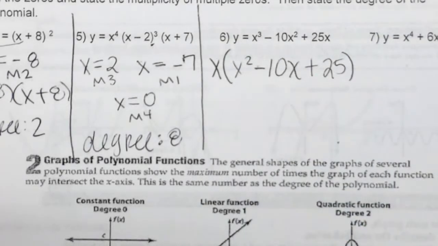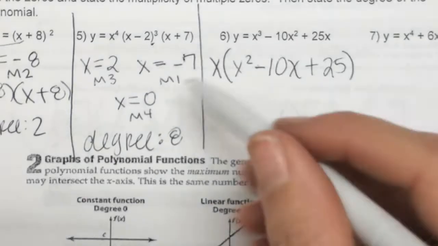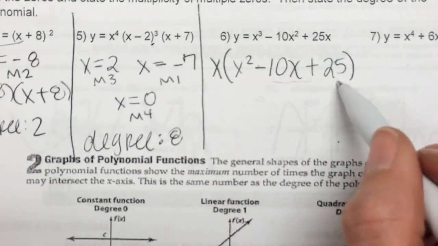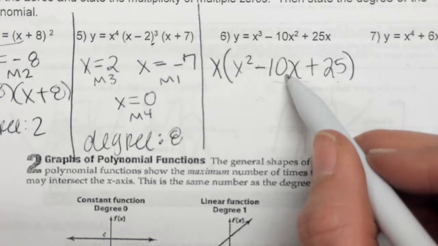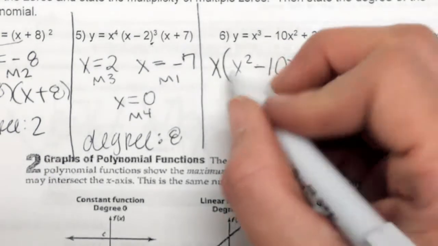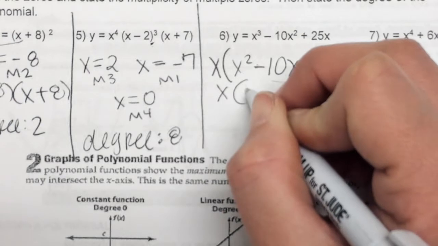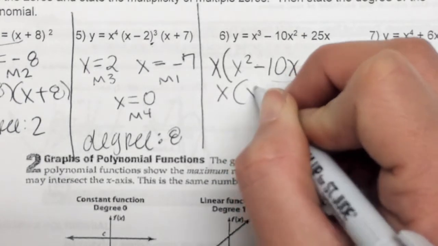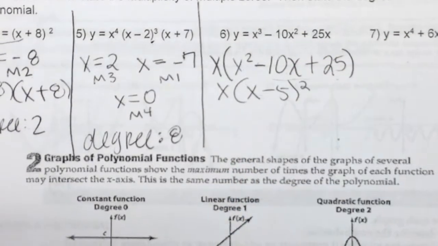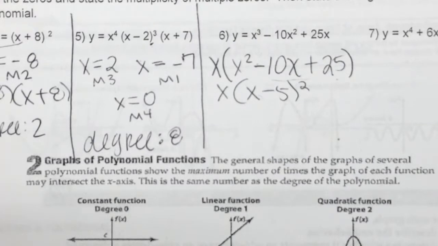Very good. Can we do anything else with this? We can factor this part, right? What are factors of 25 that add to get negative 10? So I could write this as x and... x squared. Yes. I don't have to write it out twice, correct? So this is now in factored form.